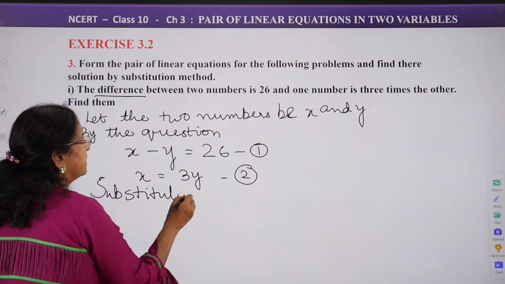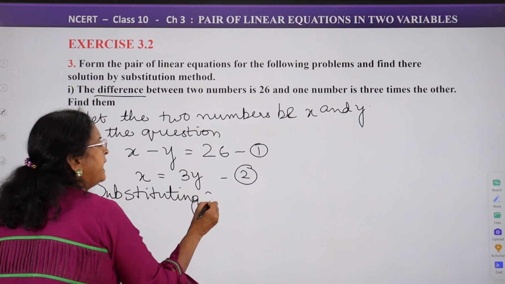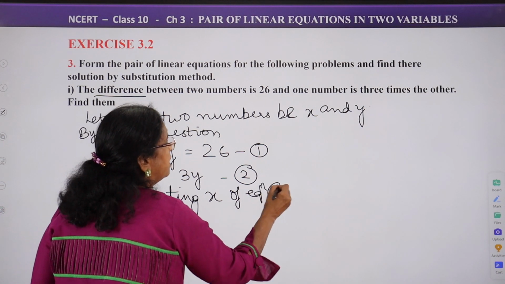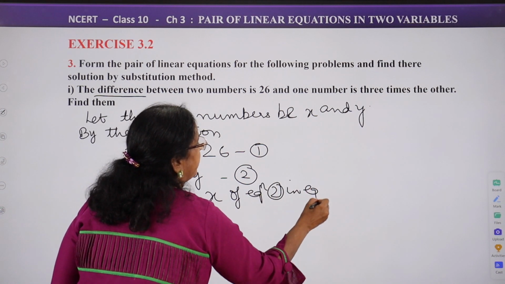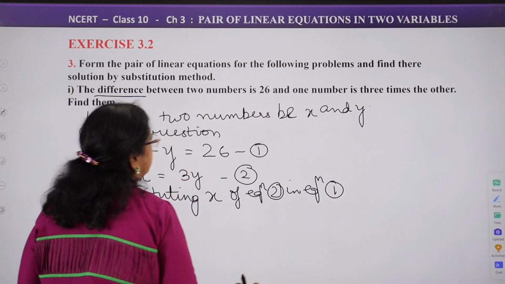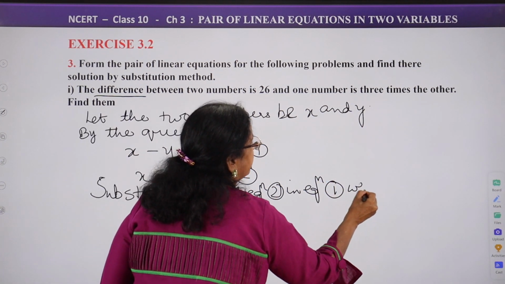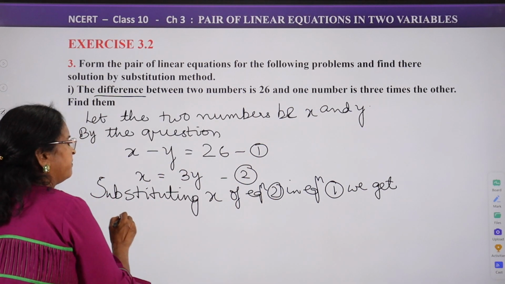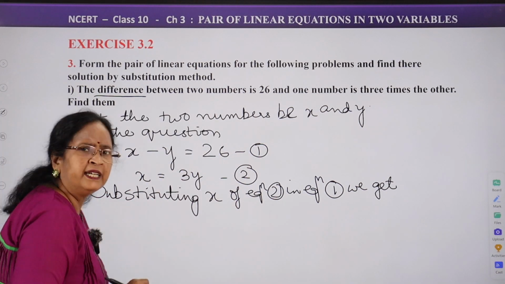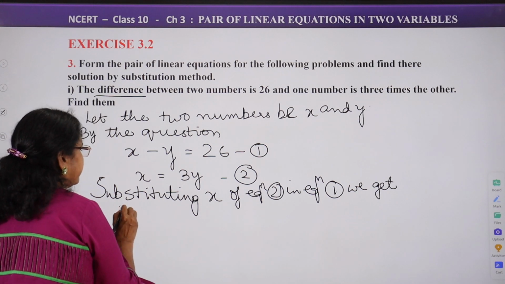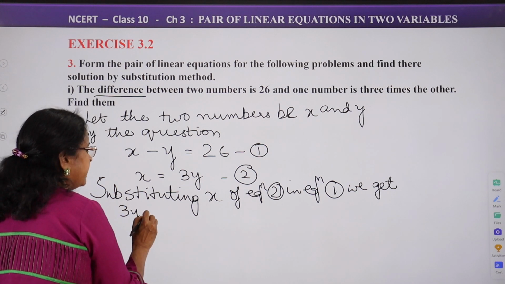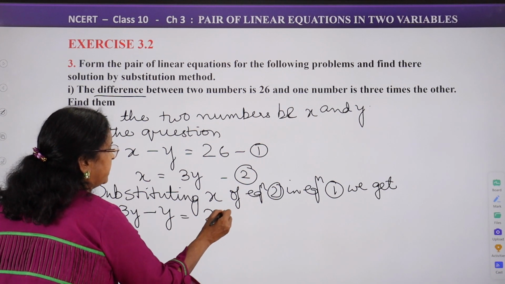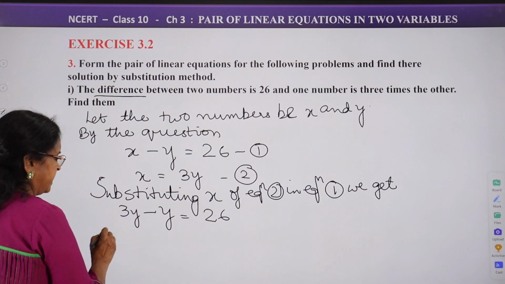Substituting x of equation 2 in equation 1, we get 3y minus y is equal to 26.